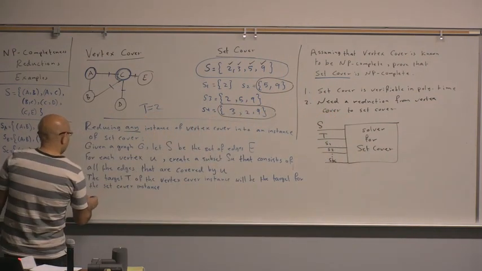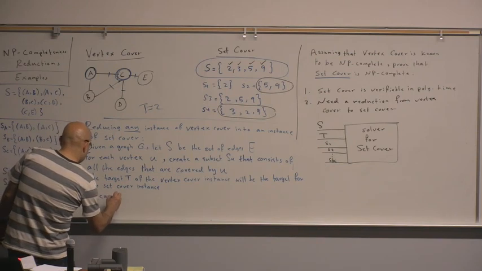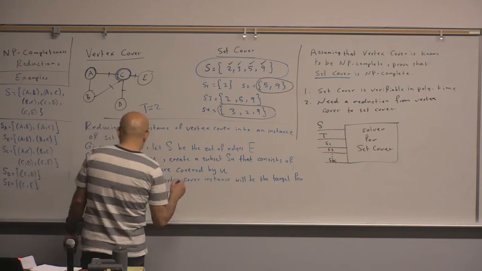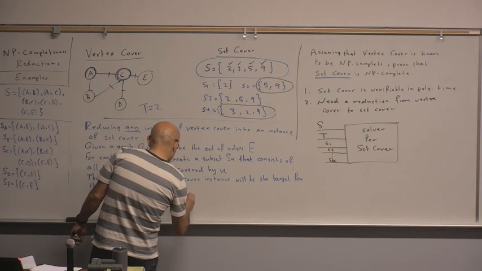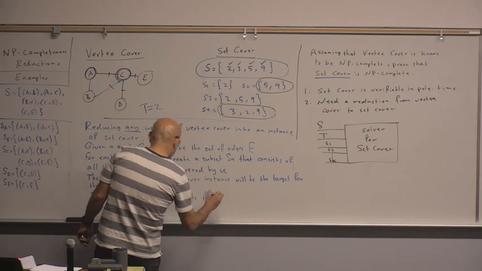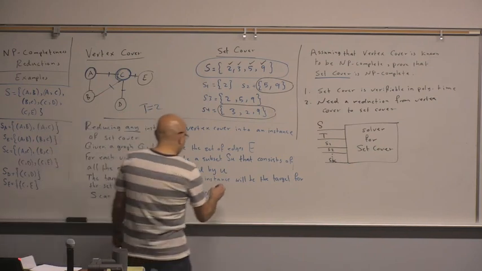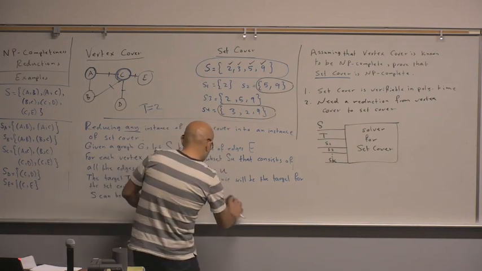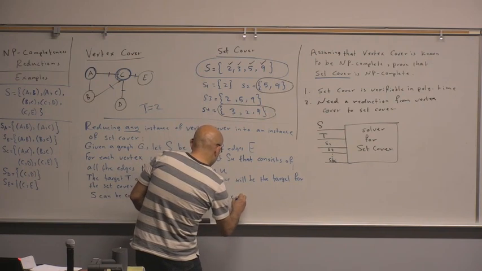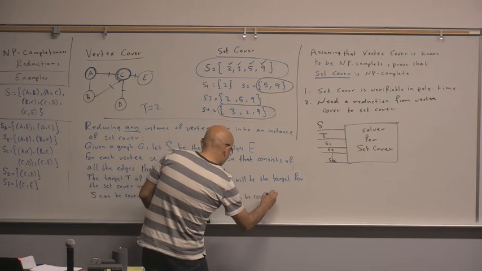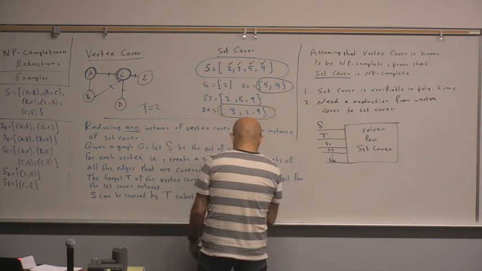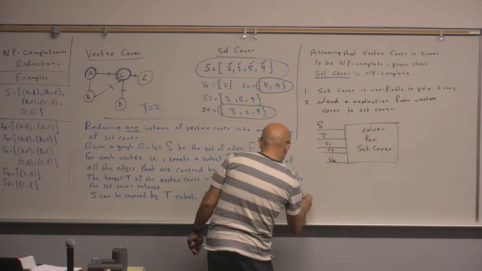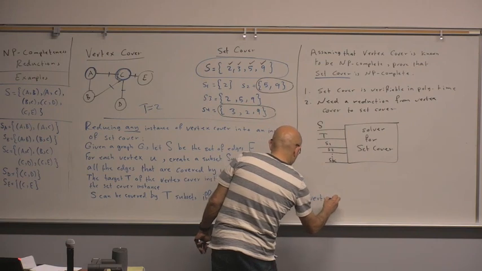So S can be covered by T subsets if and only if G can be covered, the edges in E can be covered using T vertices.